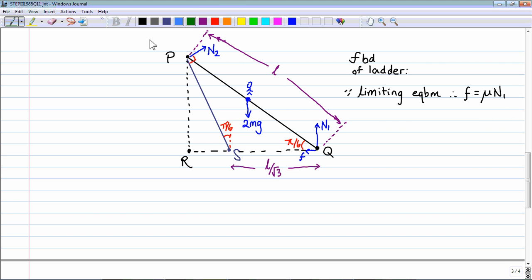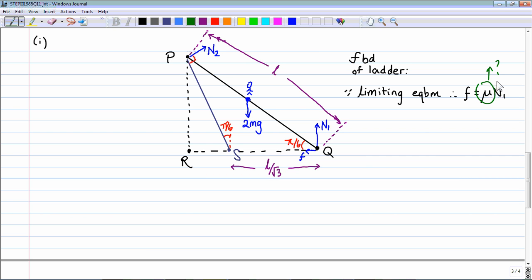Now we're going to try and find a value. So what the question, this is part 1, isn't it? Part 1, what the question is asking us to do is to find the value of this quantity. So to do that, we'll have to apply some equations based on equilibrium. So what do we have available? We can resolve the forces in particular directions, and we know that the sum of the components of all the forces in one particular direction must be 0, because the resultant force on the ladder is 0 because it's in equilibrium.